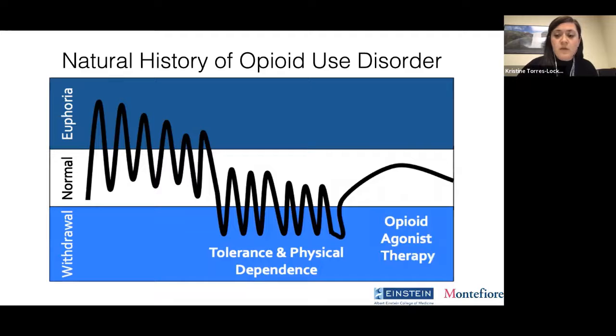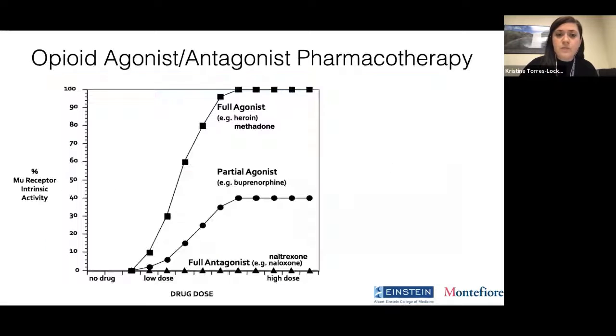So the goal with opioid agonist therapy, which is methadone and buprenorphine, which we'll talk about, is to break that cycle. You can treat the withdrawal symptoms to a level where you don't have any euphoric symptoms, and they don't have to be in this really negative cycle of cravings, use, withdrawal.